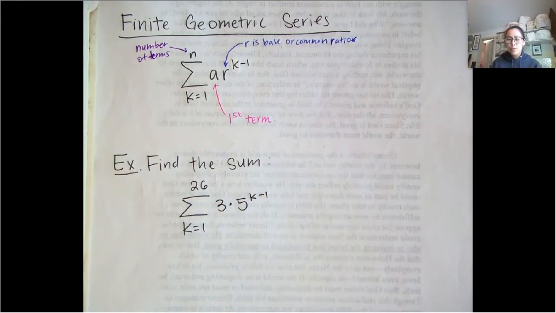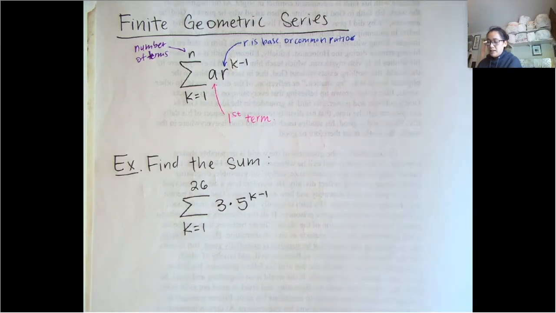This is the expression we're going to find the sum of. But this goes up to 26, and I'm pretty sure none of you want to add all the numbers up to 26. So I'm going to show you a trick to find this sum in a shorter manner.